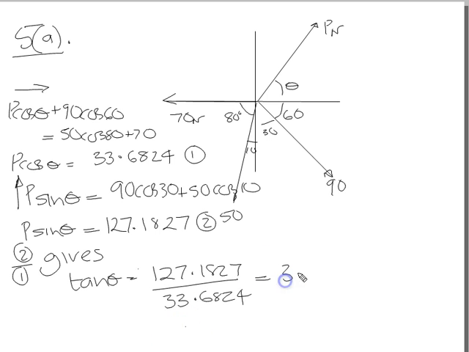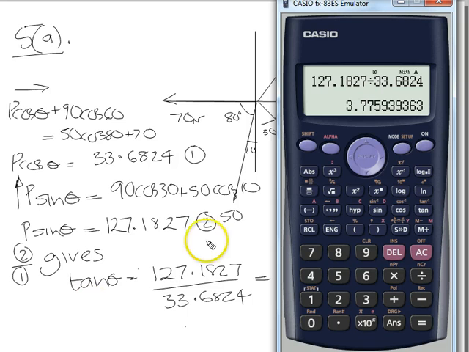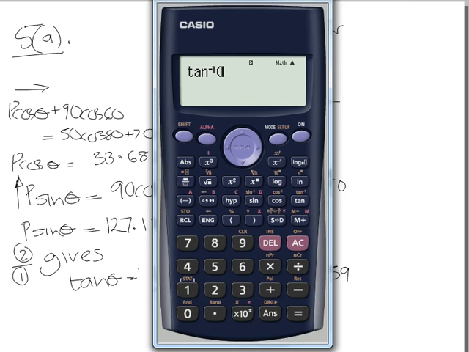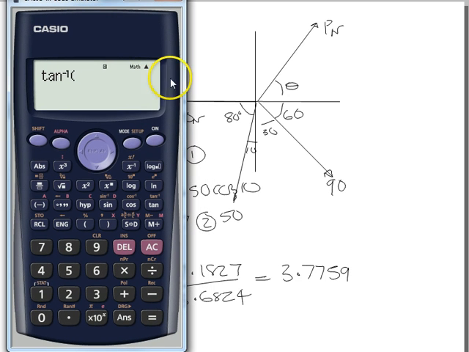I'm going to leave that in the calculator. And then I'm going to do shift tan on that if I can. Shift tan. Oh, I can't, so let's just write that down then. So it's going to be shift tan of 3.7759.